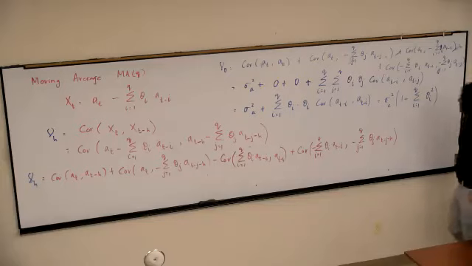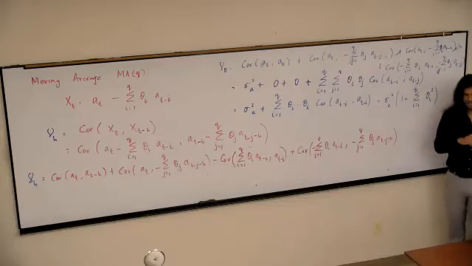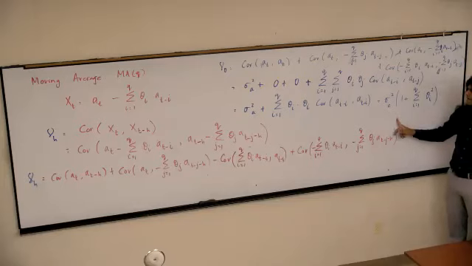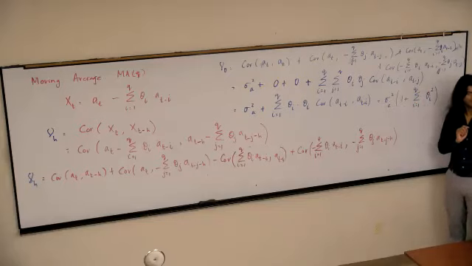If you go back and look at our derivation for MA1, variance is sigma squared a times 1 plus theta 1 squared. Derivation of MA2, sigma squared a times 1 plus theta 1 squared plus theta 2 squared. Yes?